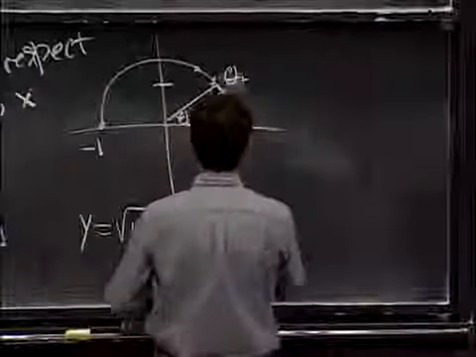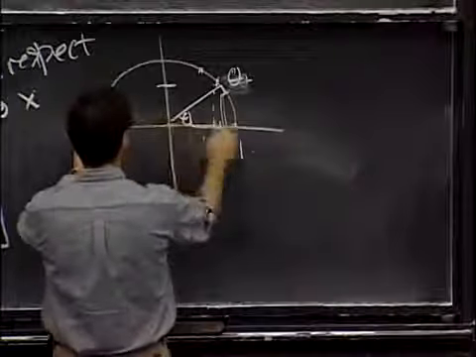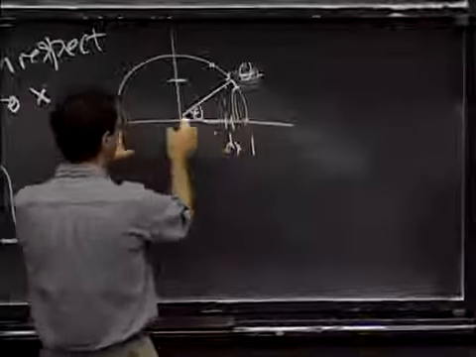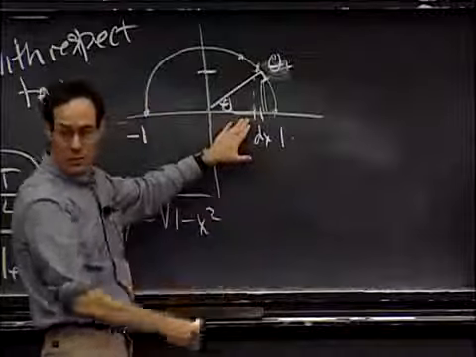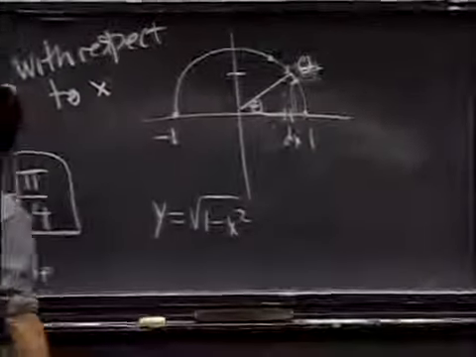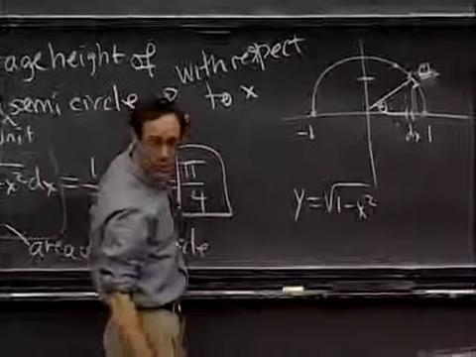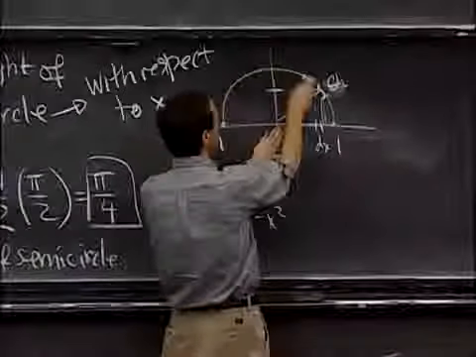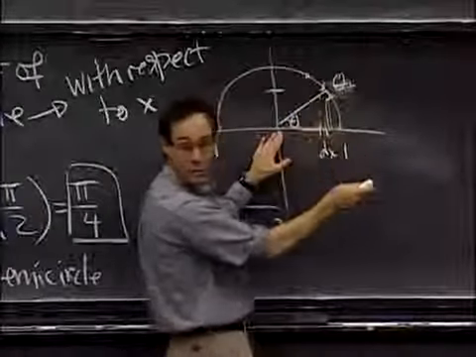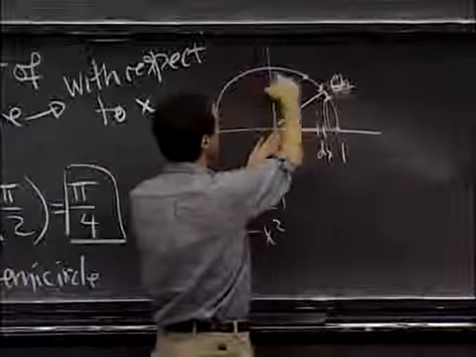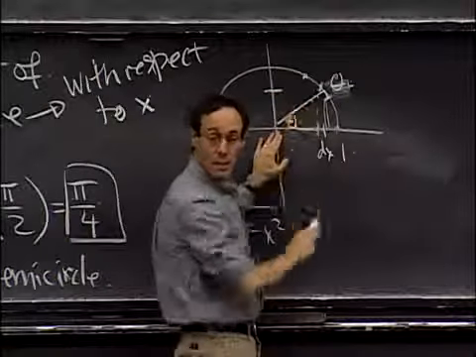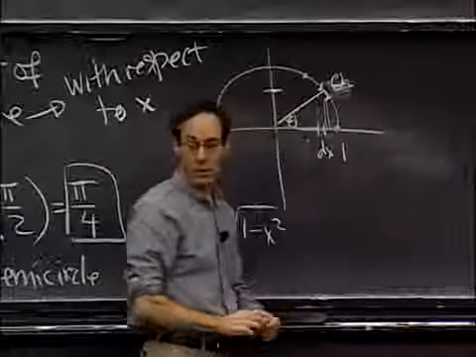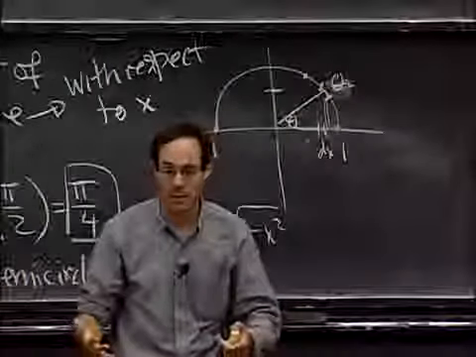Suppose you picked a number at random in this interval with equal likelihood one place and another, and then you saw what height was above that. That would be the interpretation of this first average value. And the second one is I picked something at random on this circle, equally likely any possible point on this circle according to its length, and then I ask what the height of that point is. And those are just different things.